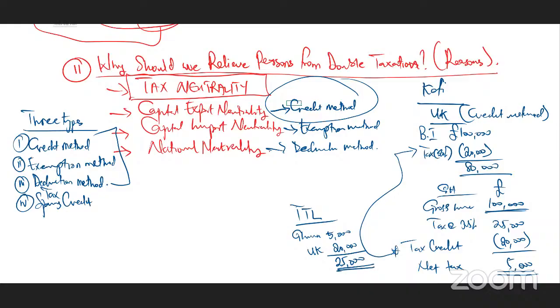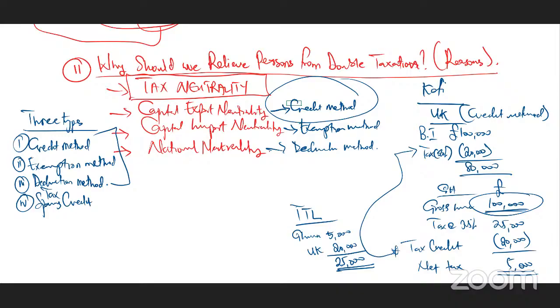Assuming Kofi never left Ghana, and he earned that same £100,000 in Ghana, he would have paid 25,000 exactly, which means that we have achieved capital export neutrality. This person wouldn't want to avoid bringing his income to Ghana because whether he left Ghana or not, he would still end up paying the same liability to the extent of the domestic law, right?